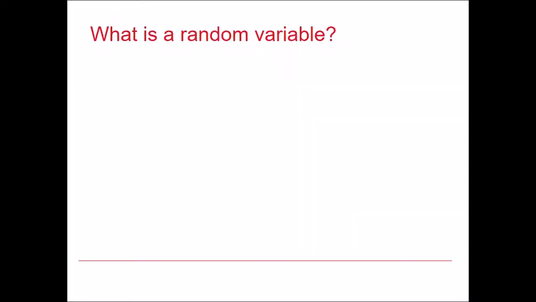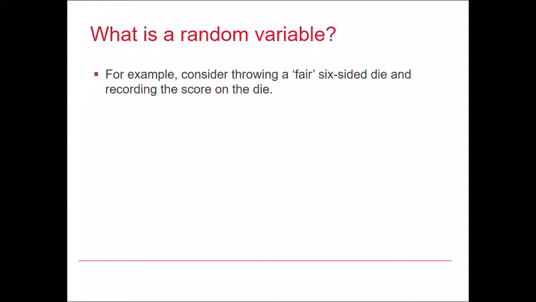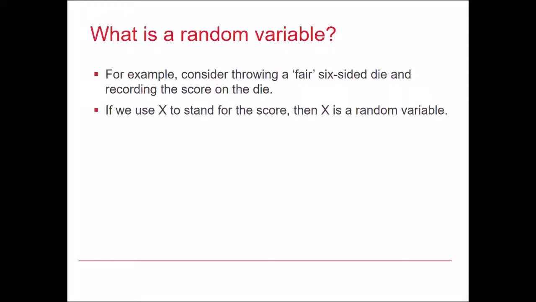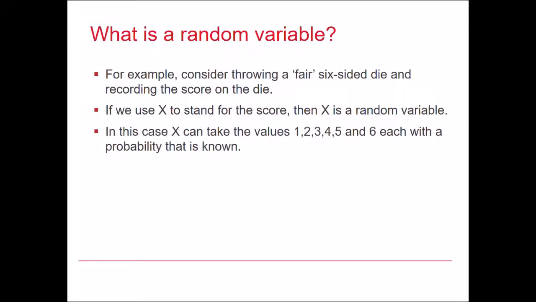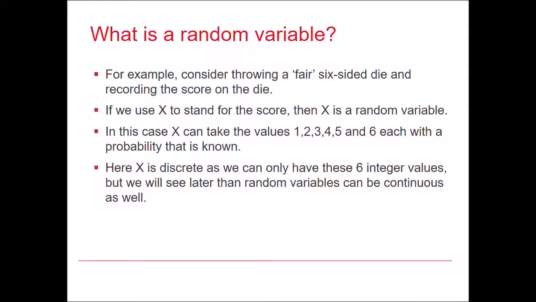An example of a random variable is the score you get when you throw a fair six-sided die. We tend to use a capital letter to stand for the score, so a capital X in this case. X would be considered to be the random variable. And X can take the values 1, 2, 3, 4, 5 and 6, and the probability of each of those outcomes is known, and in this case is 1/6.